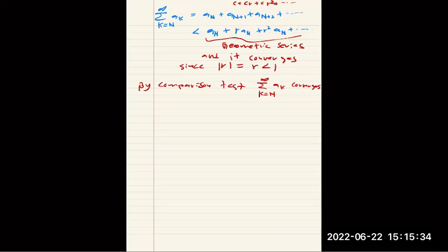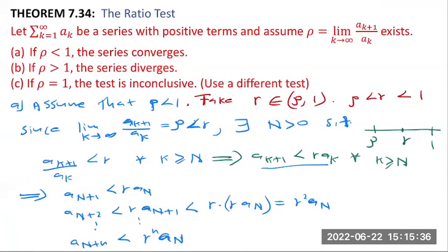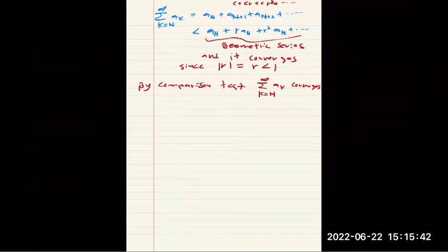But remember, we wanted to determine whether the original series converges. Can we conclude that the original series converges if the tail part converges? Of course, yes.